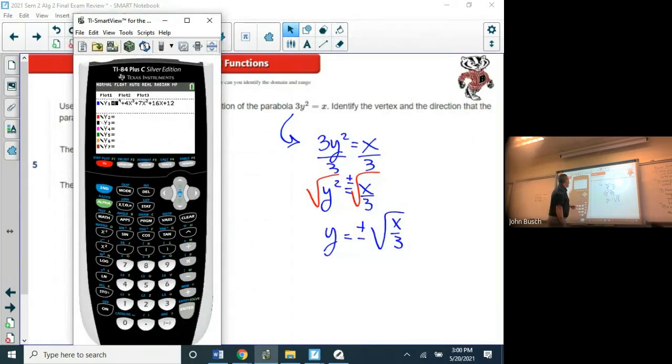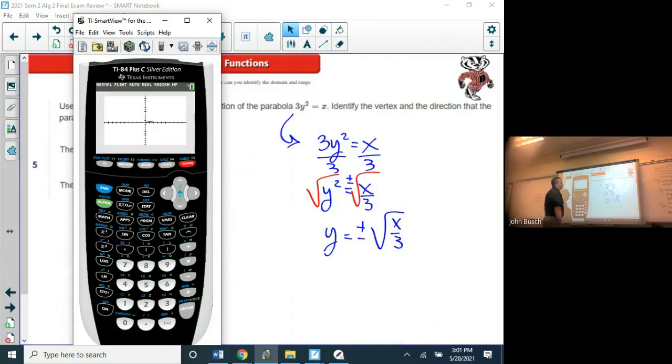When you have plus or minus, then you have to graph 2 things. You have to graph the square root of x divided by 3, and then also the negative square root of x divided by 3.